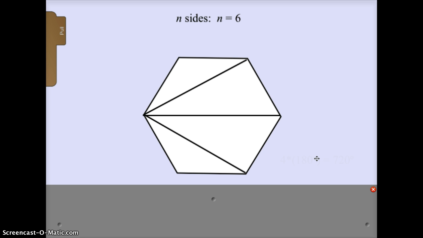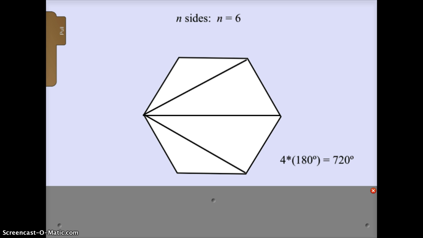So tell me, if you have those 4 triangles, what would the measure be of the interior angles of that entire hexagon? You have 4 separate triangles. They're each 180 degrees. The total number of degrees inside that hexagon is 720 degrees.